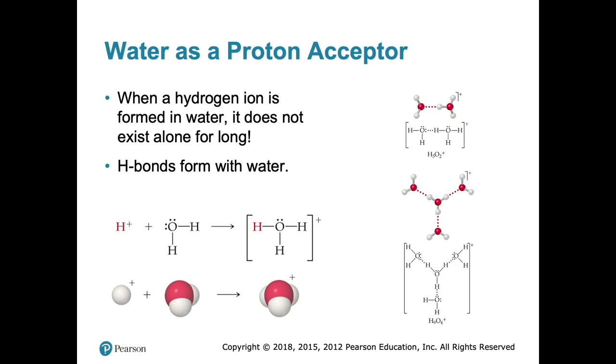So for the rest of this chapter, you won't see me ever refer to the hydrogen ions by themselves. They will always be referred to as the hydronium ion. And that should look familiar to you, because you built it in the Vesper lab. Remember that? Just remember that this is called the hydronium ion.